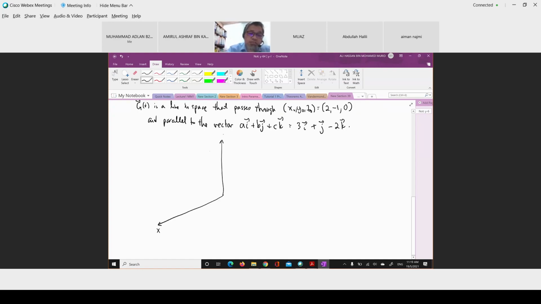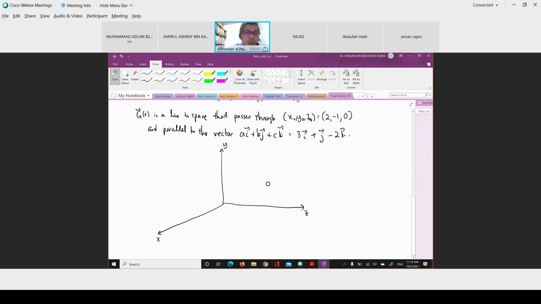So this is x, y, and z. Where is the point 2, minus 1, 0? Let's make a scale here. This is 2, 1, and minus 1, so it is behind, in the negative.